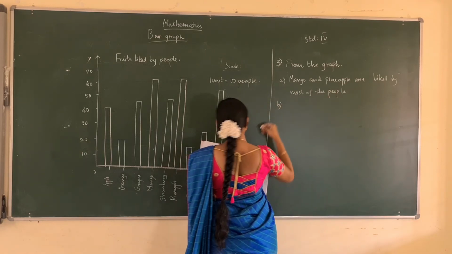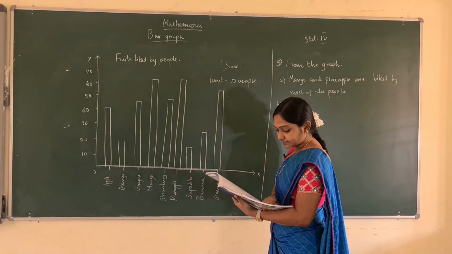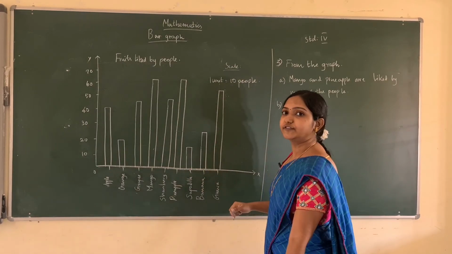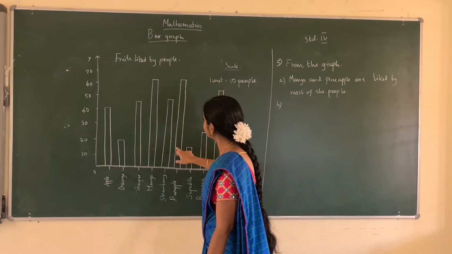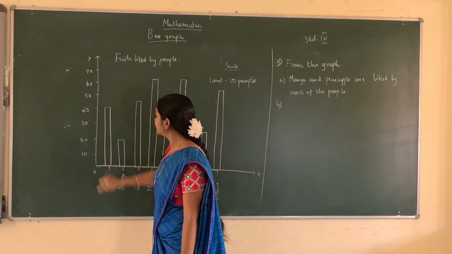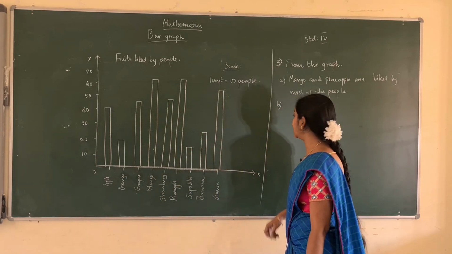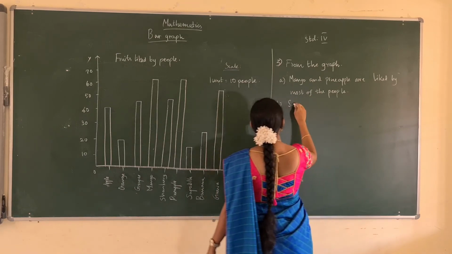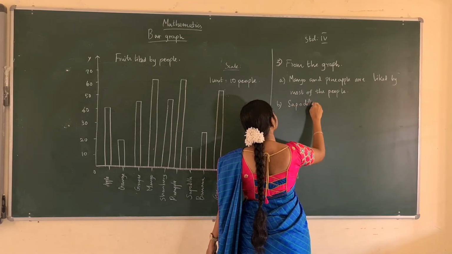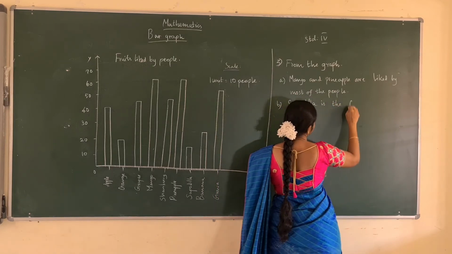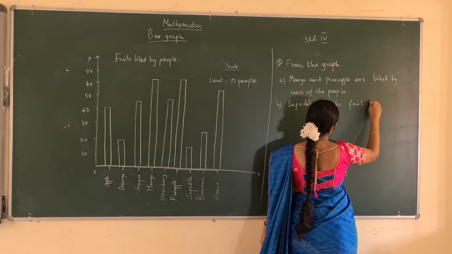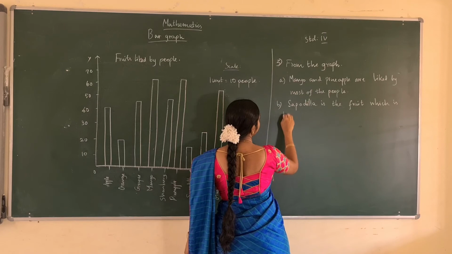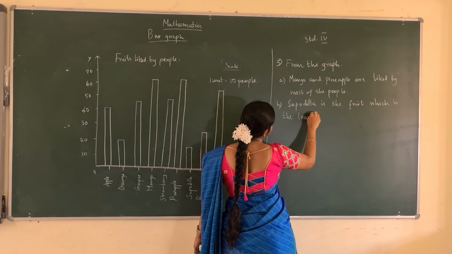The second: find the fruit with the least height. It is sapodilla. Sapodilla is the least liked fruit.